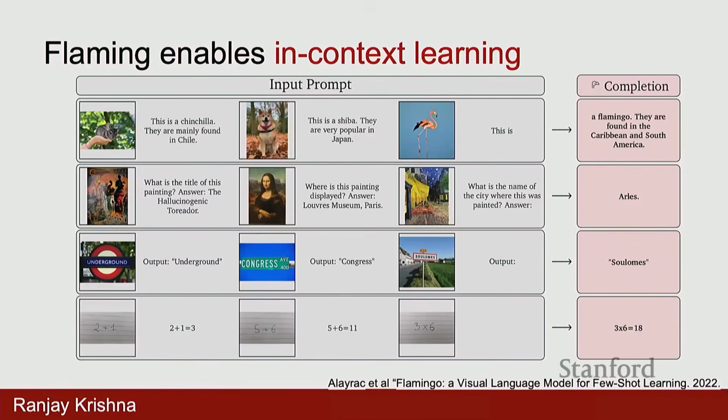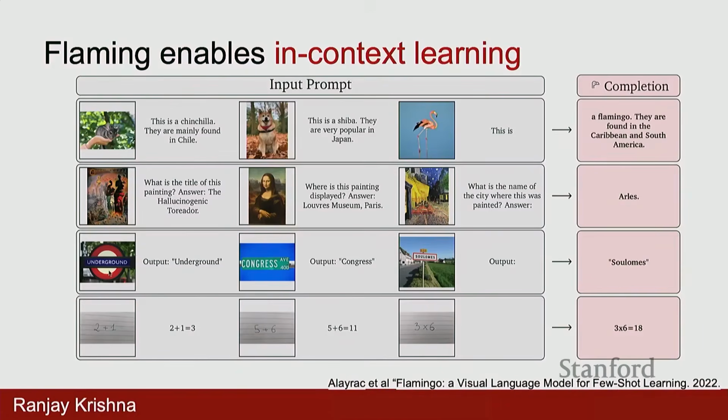Or you can say, here's some image, here's a question and answer, here's an image, question and answer. And then when you pass in a new image and just ask the question, it'll give you the answer. Right? So you're not training it to do these different kinds of tasks, but you're providing it with examples of behaviors that it should have, and it should just generalize to new kinds of behaviors that you might care about.